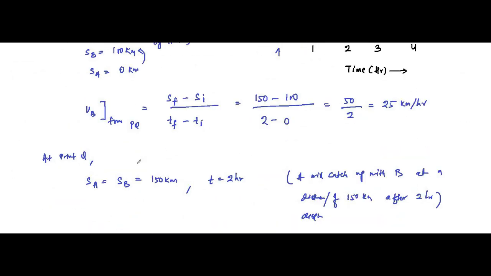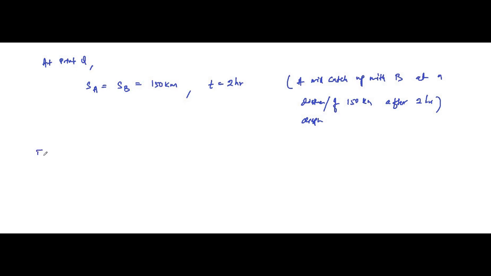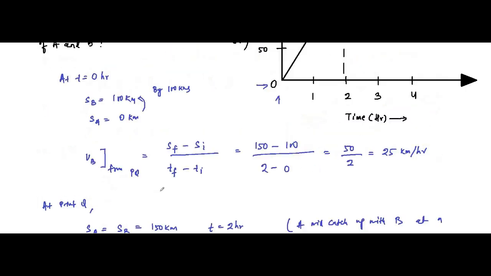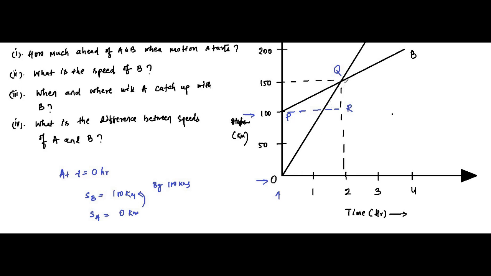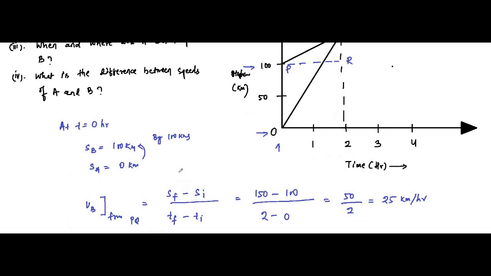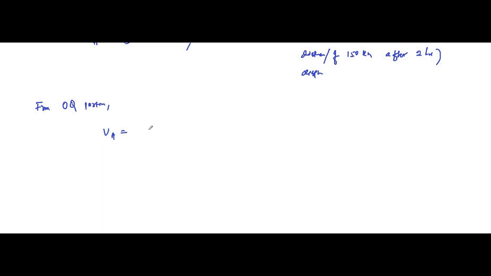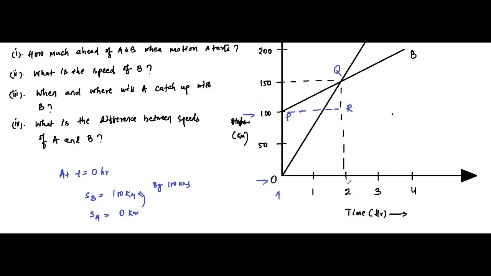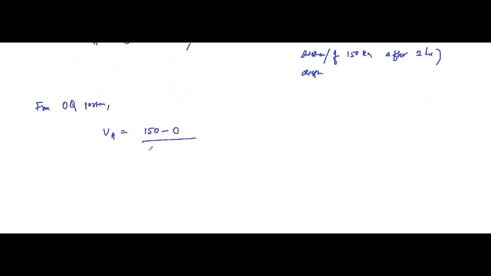From the OQ portion, the speed of A is equal to final displacement, which is 150, initial is 0, final time is 2 hours, initial time is 0, that is equal to 150 by 2, which is 75 kilometers per hour.